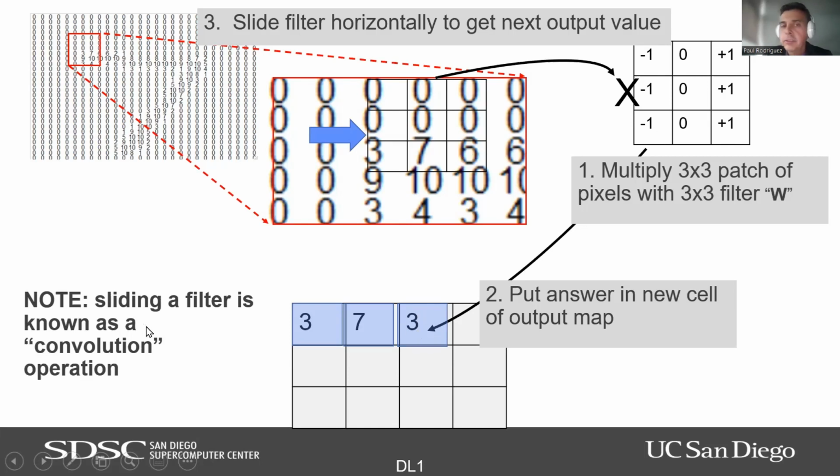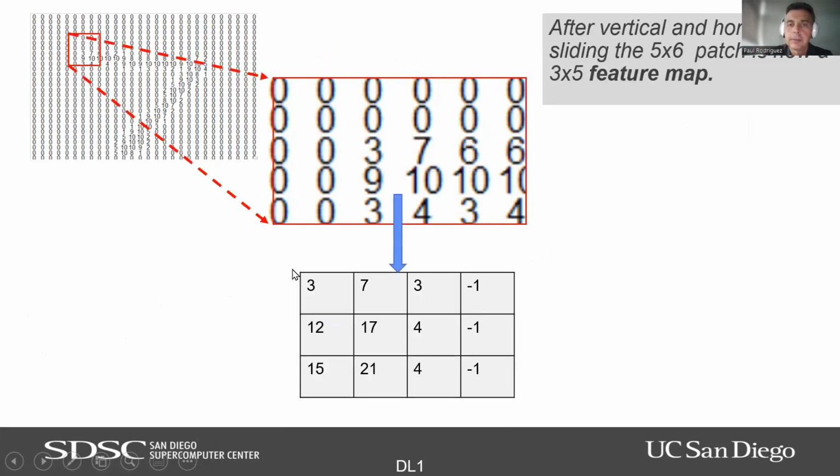So sliding the filter is a convolution operation. I'm multiplying each patch by this filter and taking a summation, and producing a new output map. Notice the output map is going to be a little bit smaller than the input map. My input map was 5x6, and my output map is 3x4. This is because you're sliding the filter, and when you get to the edge, you stop.